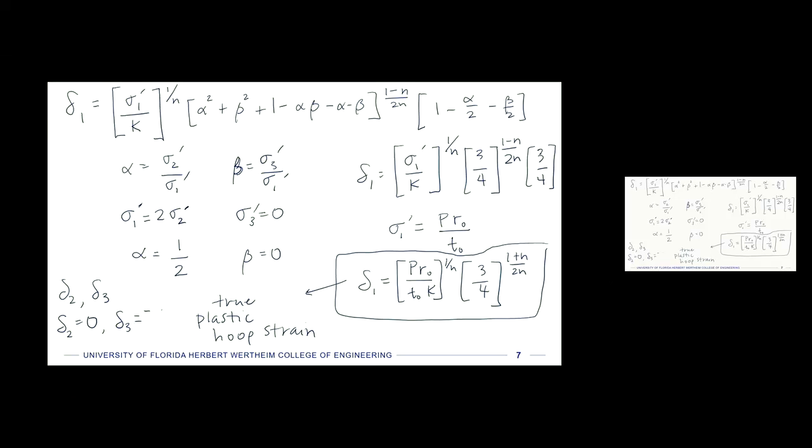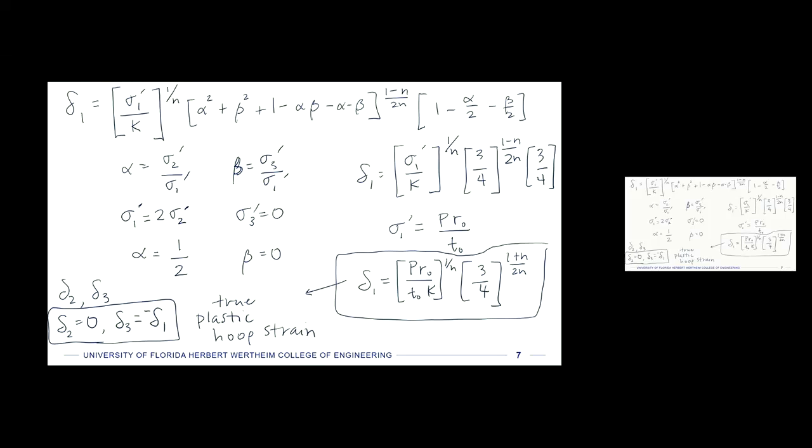So it's minus delta 1. Okay. And if we think about that, our 2 direction was the longitudinal direction. And so in this case, our true plastic strain that seeks to elongate the pressure vessel along its axis is 0. So we're not changing the dimension there.